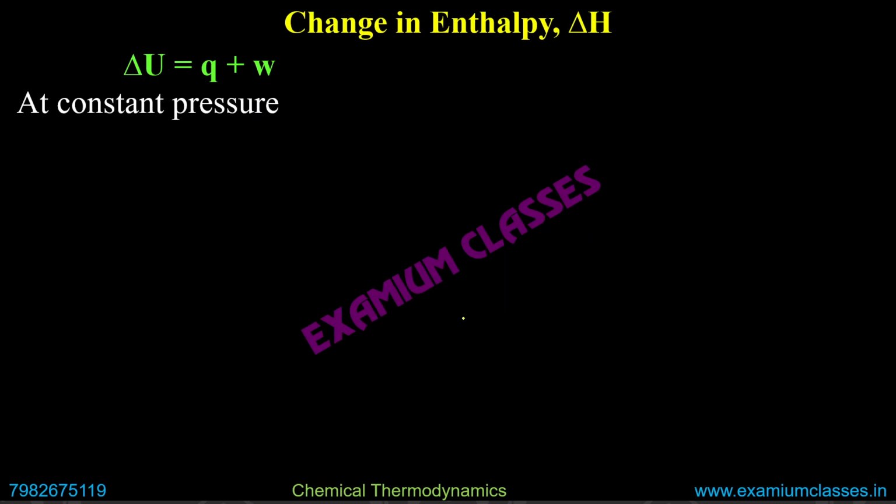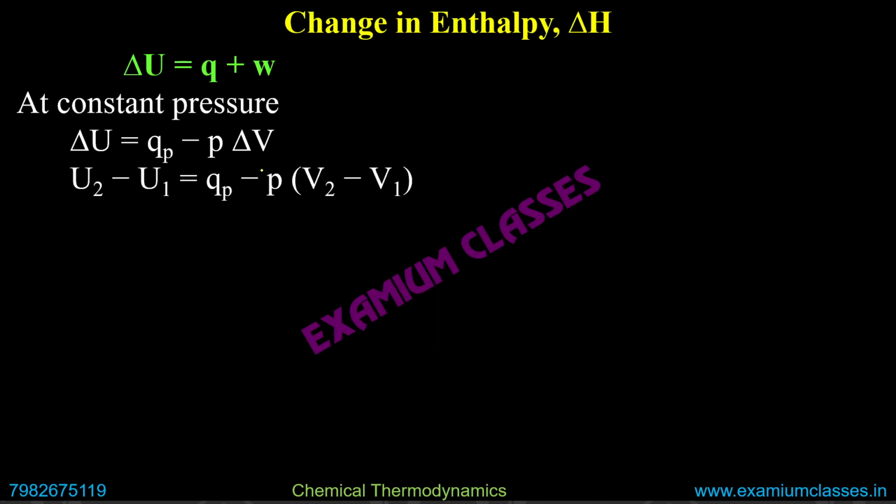So delta U is equal to Q plus W at constant pressure. Delta U will be equal to QP, that is whatever is the heat transferred at constant pressure, minus P delta V. This pressure is there and change in volume. There will be change in volume now. Volume is not constant, and pressure is constant.